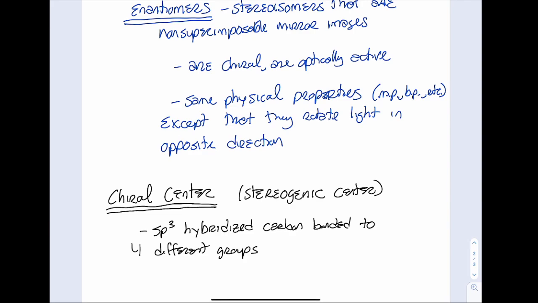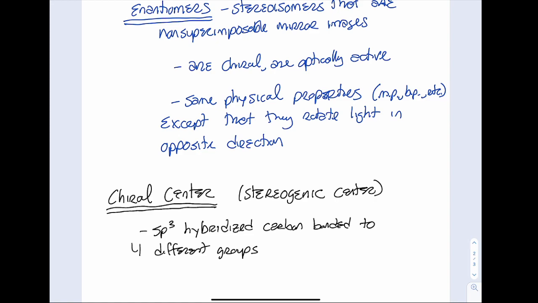If I had an sp3 hybridized carbon bonded to 3 things and my 4th thing is the same as one of those 3, it's actually not going to be non-superimposable. If I was to make one and then make its mirror image and then try to superimpose them, I can. They're not actually stereoisomers. They're not going to rotate plane polarized light. They don't exist as a pair of enantiomers.